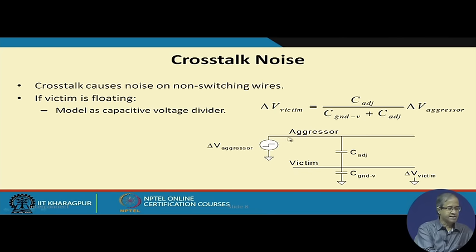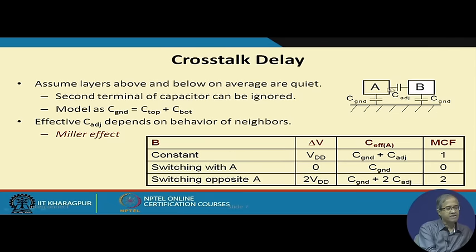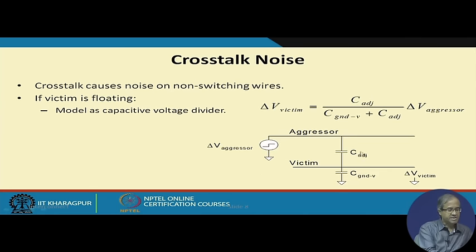Aggressor is the wire on which a signal transition is occurring, and victim is the wire on which the noise is getting coupled. Just as a follow up to the previous diagram, between the two wires the capacitance was C adjacent, and the victim is experiencing another capacitance to ground, that is C GND, let us say.